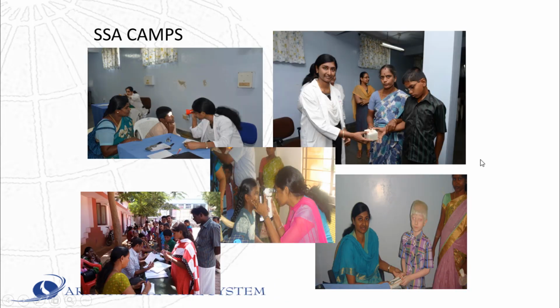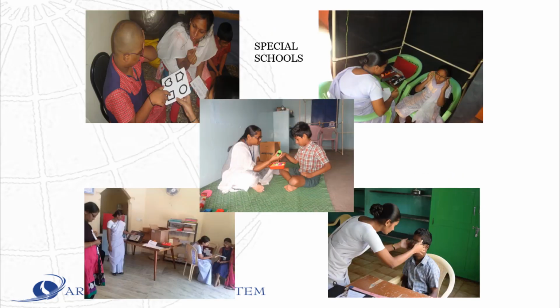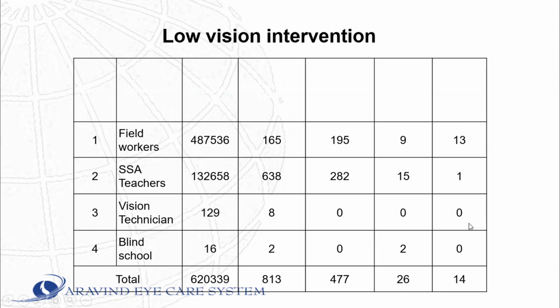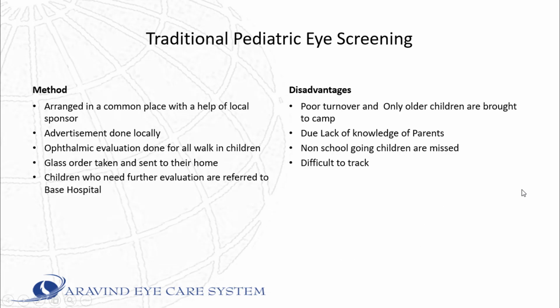Different camps were done not only in schools, but at Anganwadi centers, vision centers, and special schools. They were able to find many children with low vision, and low vision intervention was given to many children. This was a new method done at our hospital.